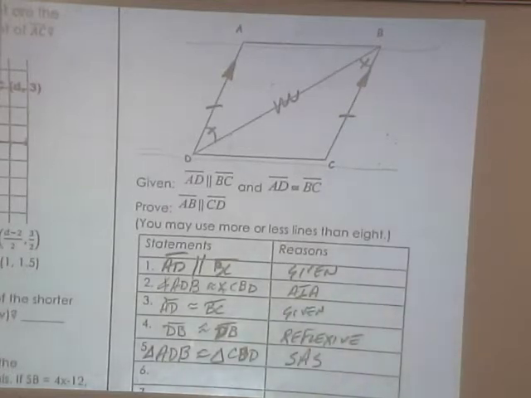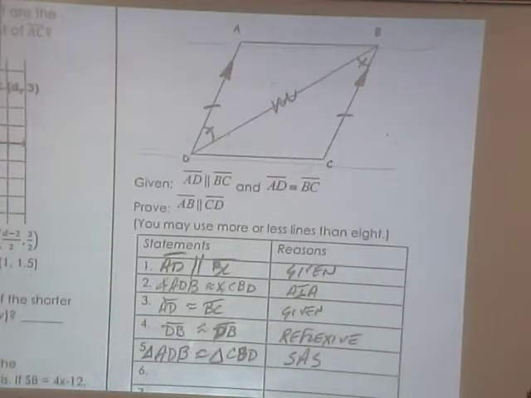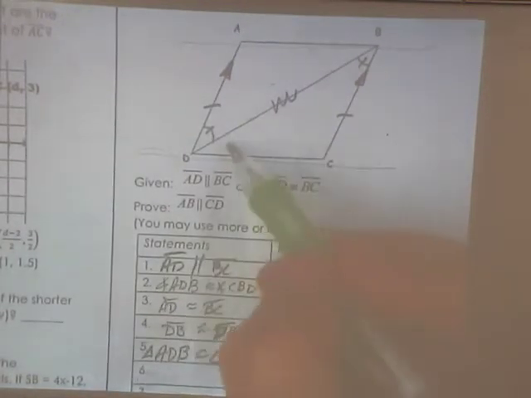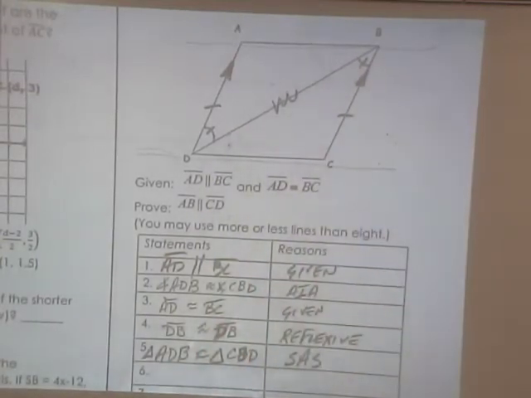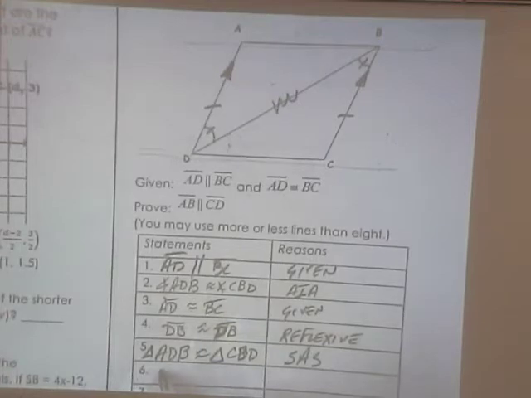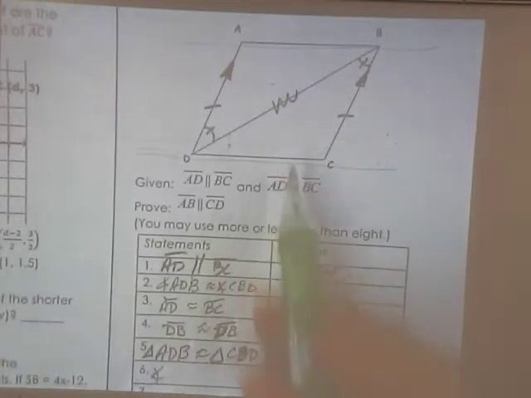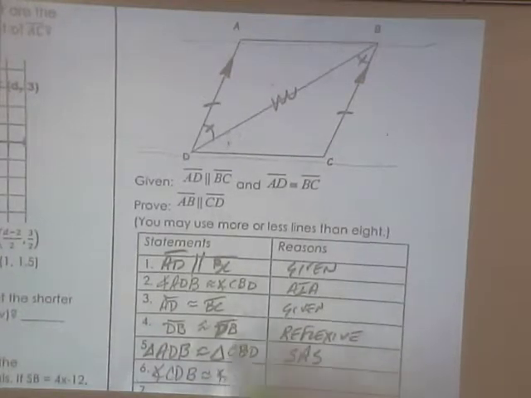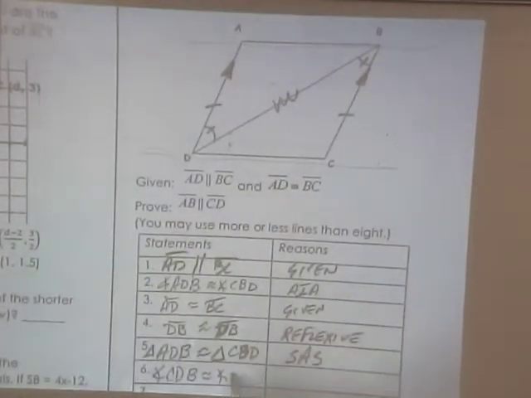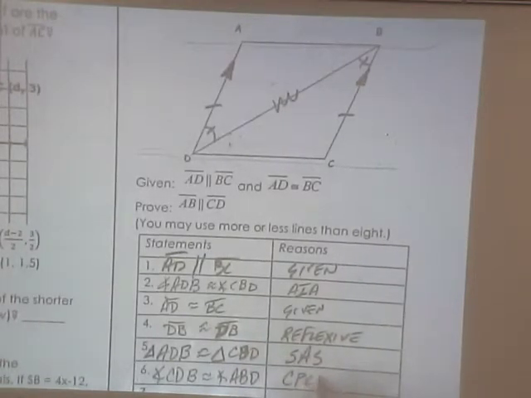Side angle side? Okay, so now I need this angle and this angle to be congruent, and they are the corresponding parts, right? So angle CDB is congruent to angle ABD by CPCTC.